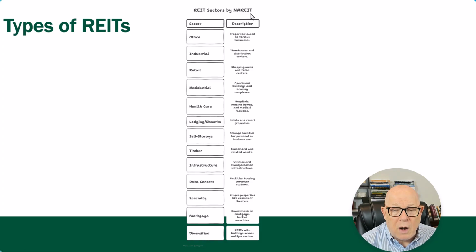If you do a search for NAREIT, you can go to their website and they'll give you a list of all of the real estate investment trusts in different categories: office, industrial, retail, residential, healthcare, self-storage, timber, infrastructure, data centers. Pretty much any type of real estate you want to own, you can own it through a real estate investment trust.